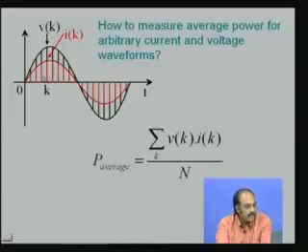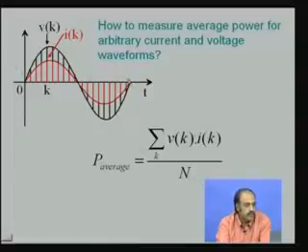Then the average is nothing but the instantaneous products Vk into Ik that you obtain for the voltage and current waveforms. Sum up all the products and divide by n, the number of instantaneous values that you have taken for the whole period, and that gives you the average for one period.